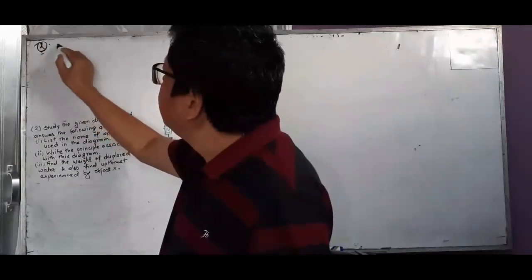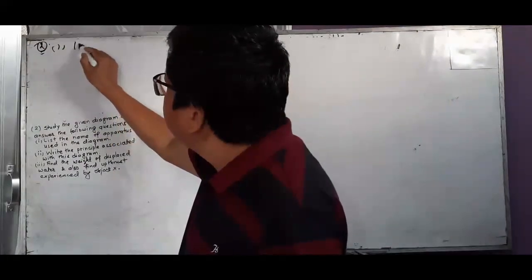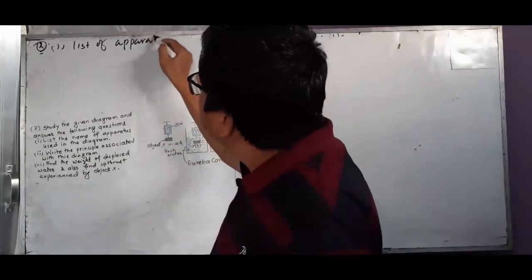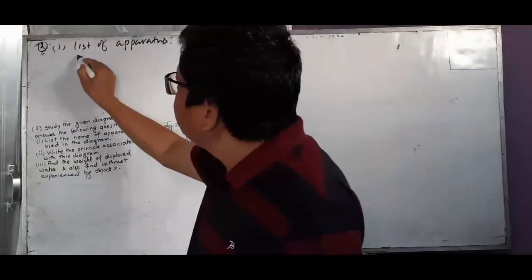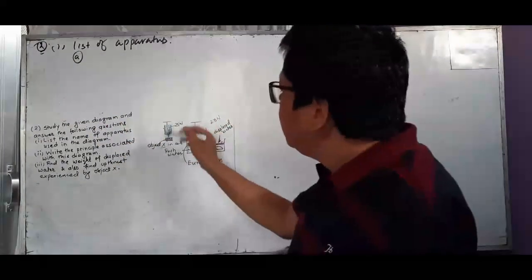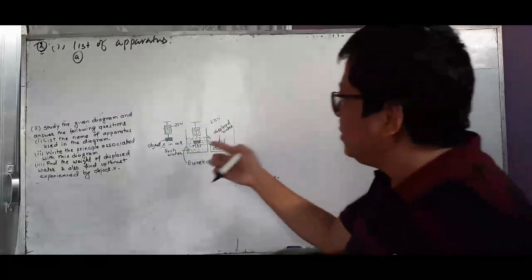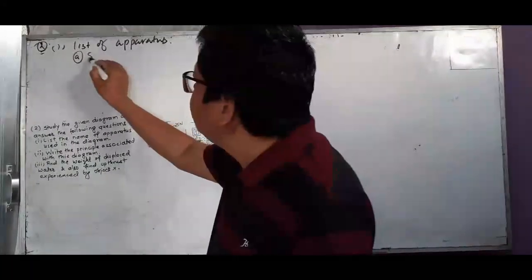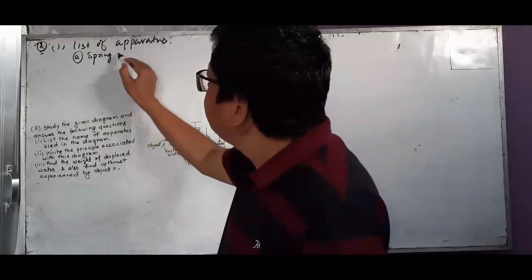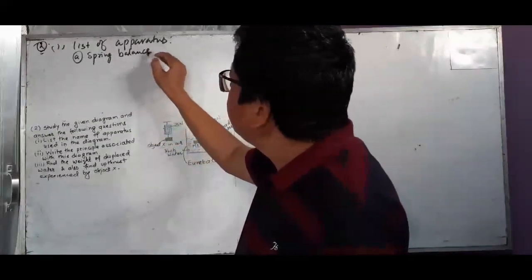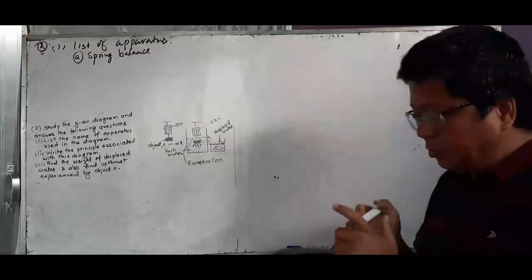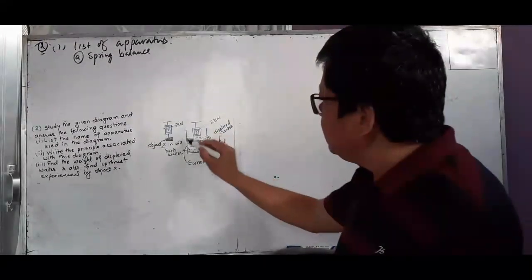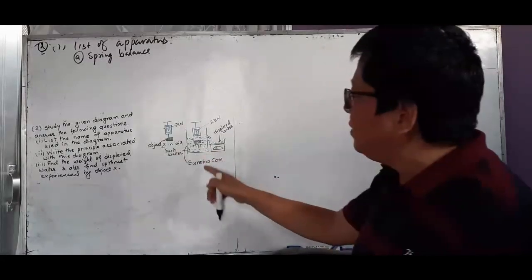Solution of 2. I, list of apparatus. You can write any one of these first. This one is the spring balance. And this is the Eureka can already given here.